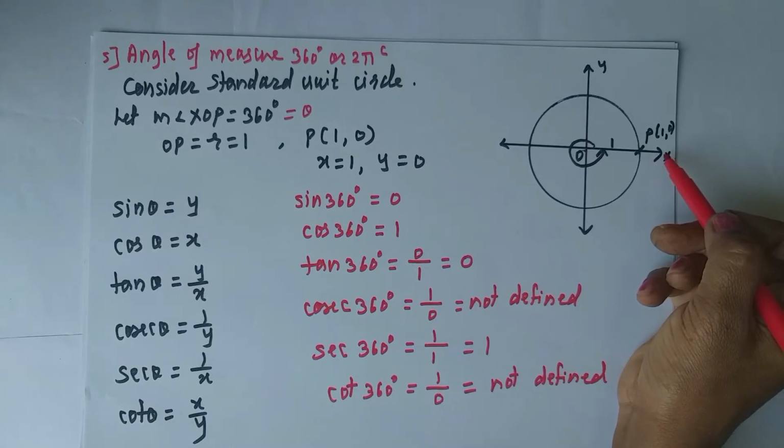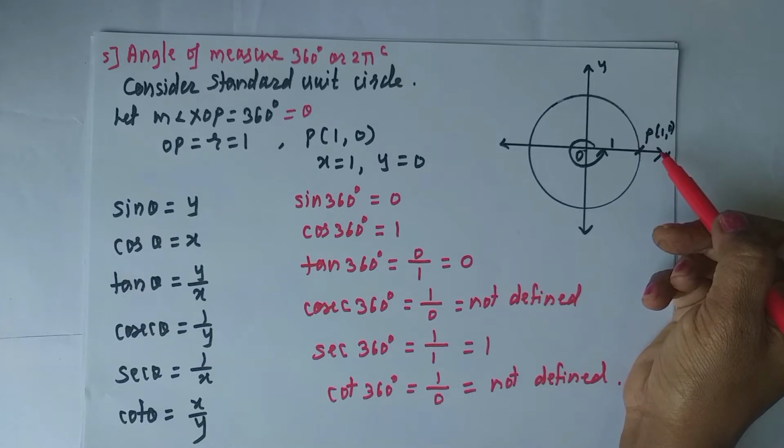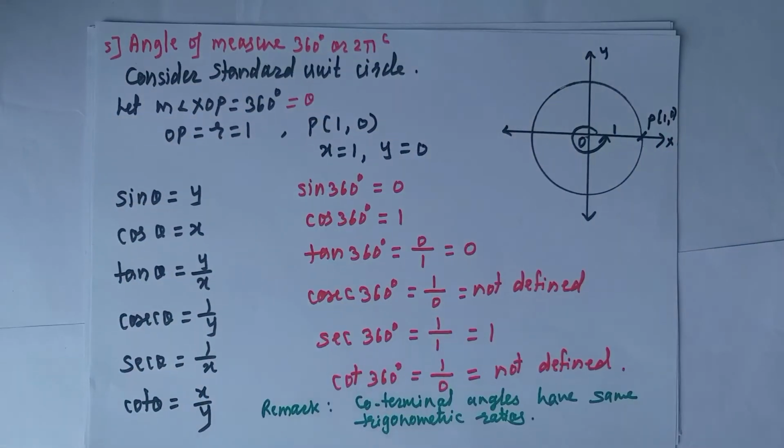That is, initial and terminal arms of 0 degree and 360 degree are the same. Means these are coterminal angles. Therefore, their trigonometric functions are also the same. You remember that if the angles are coterminal angles, then their trigonometric functions have the same value. You remember this remark, coterminal angles have the same trigonometric ratios.